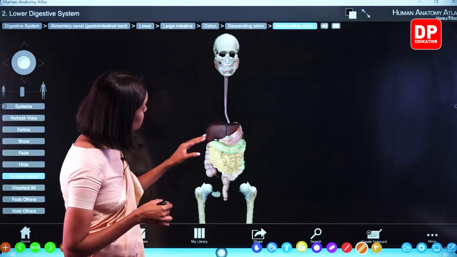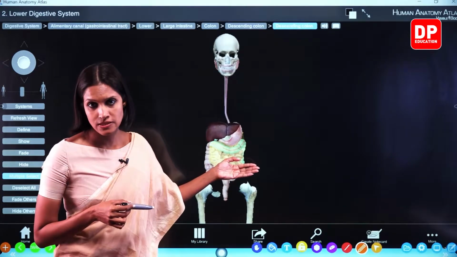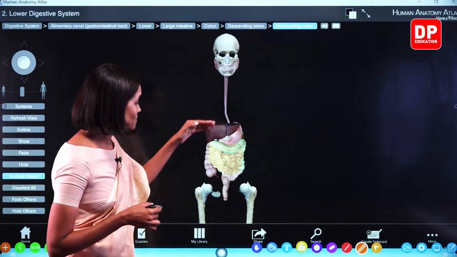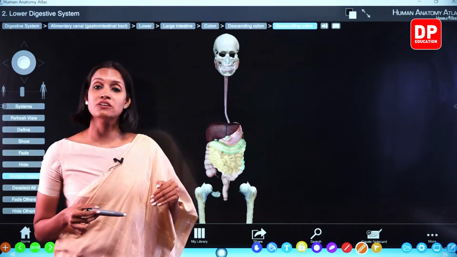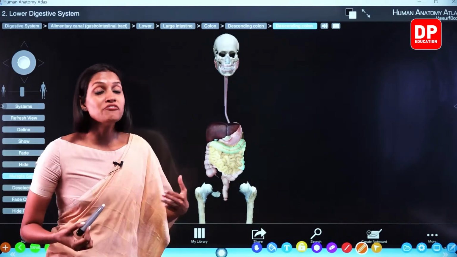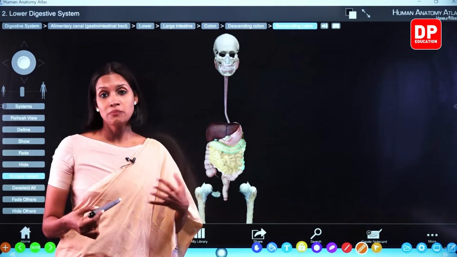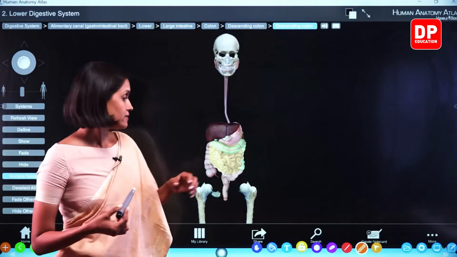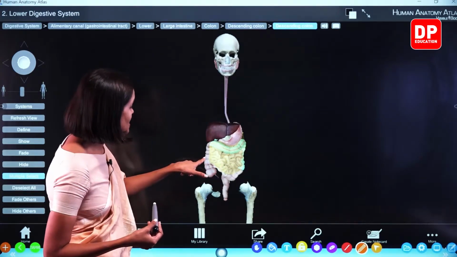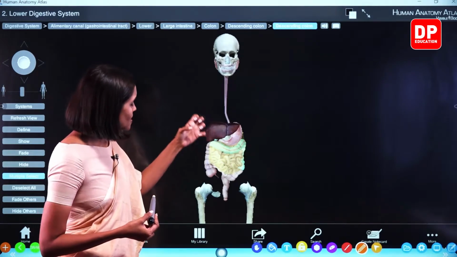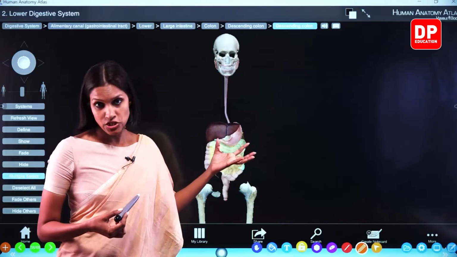So when the food goes to half of the small intestine, the digestion completes, right? And in the other half of the small intestine, what happens, children? The simplified nutrients are actively absorbed by the blood, by your body. And then finally, the undigested food enters the large intestine. By the time the food enters the large intestine, it is a semi-solid mixture.